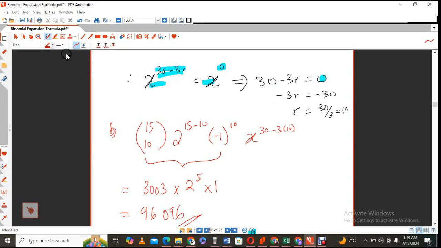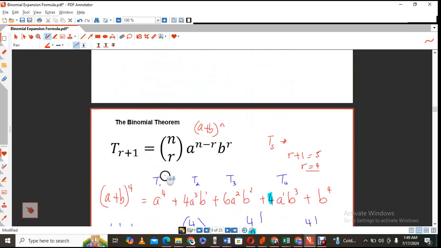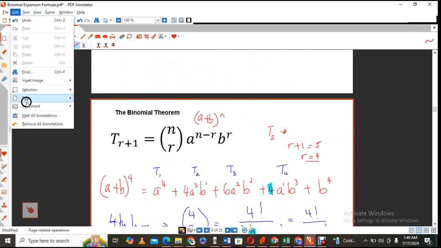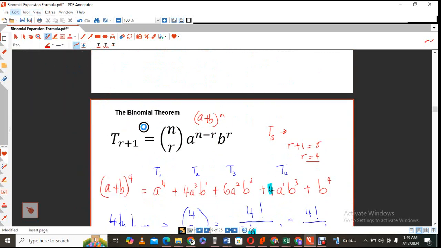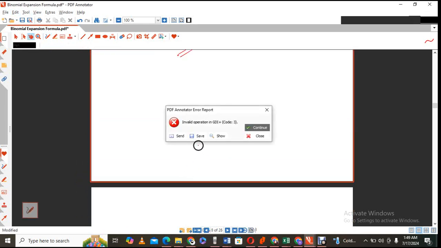All right, so let's look at part C. Just add another extra page, insert a page. As I've said, just bear with me. This is now obviously going to ask me to close and stuff like that.